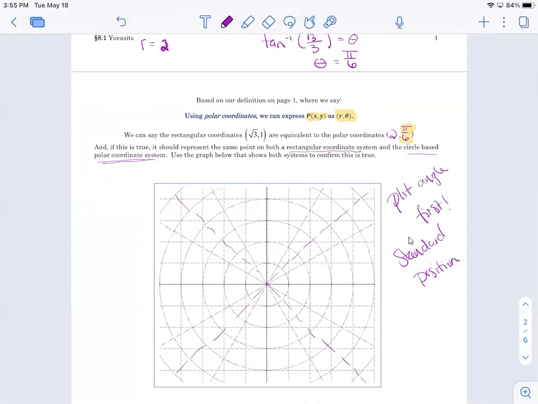If I go to pi over 6, that is this line right here. So I'm at my angle. This right here is pi over 6. And then I count out 2. So this is a circle with radius 1, and this is a circle of radius 2. And see how exact that is? That does look pretty darn close.